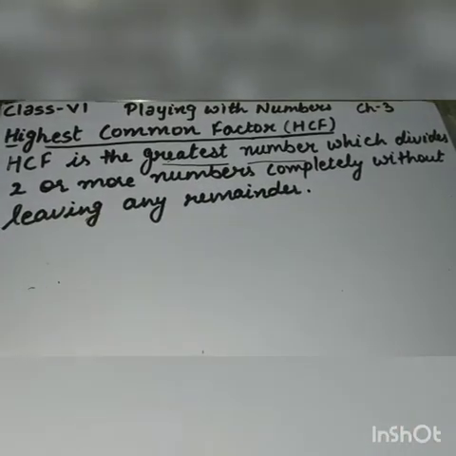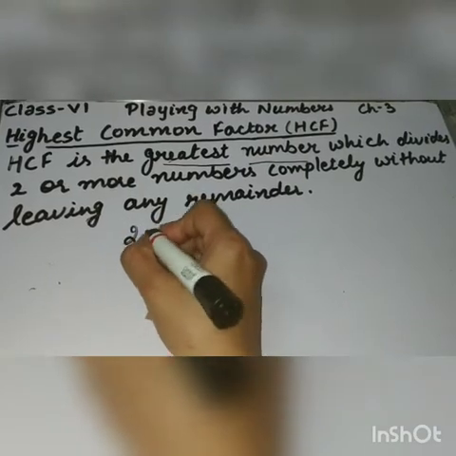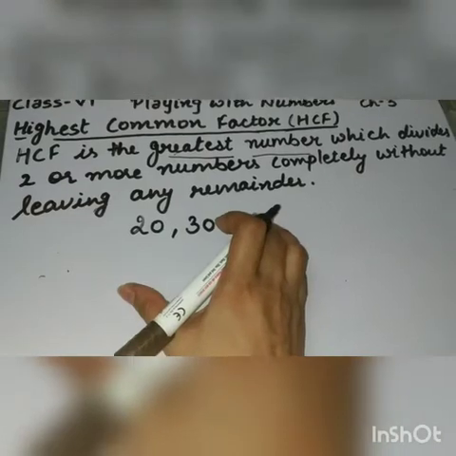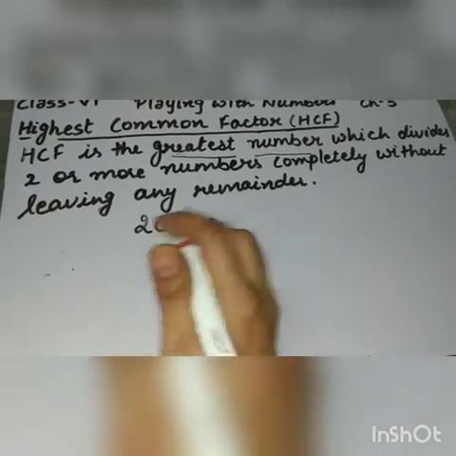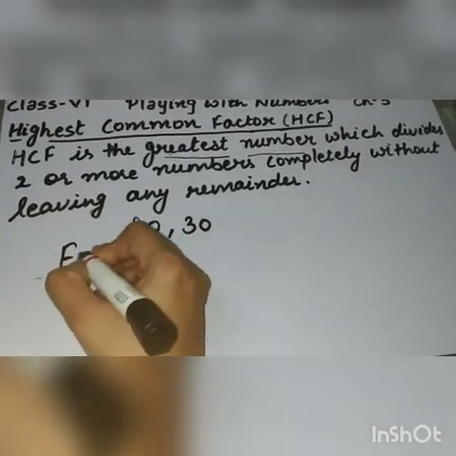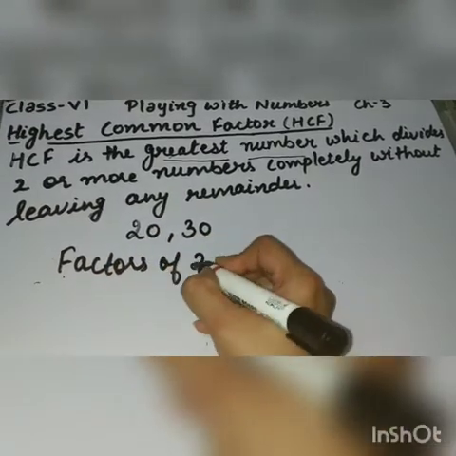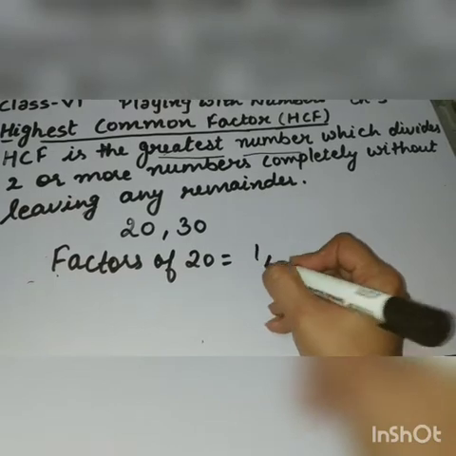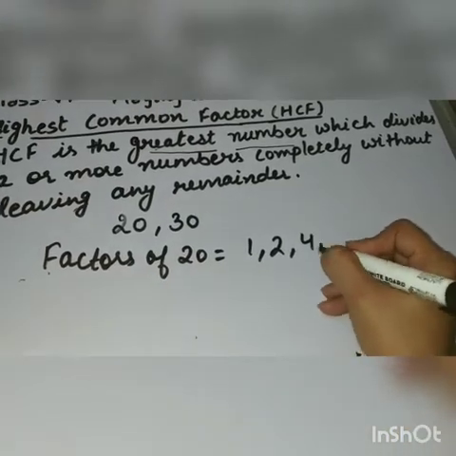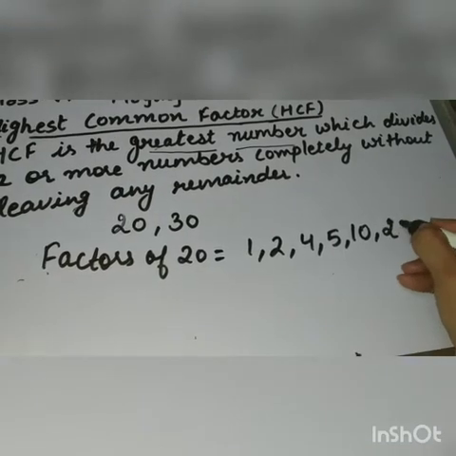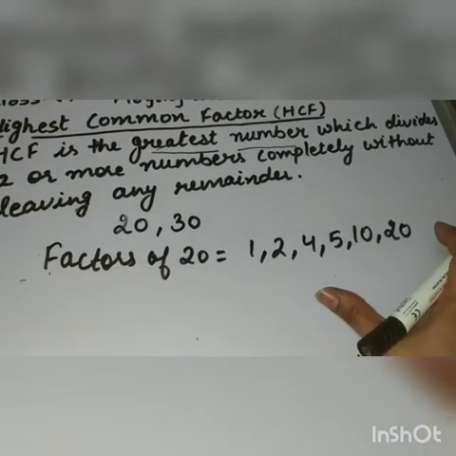I will explain with an example. Suppose I have two numbers, 20 and 30, and I have to find the HCF of these two numbers. So the factors of 20 are 1, 2, 4, 5, 10 and 20. These are the factors of 20.